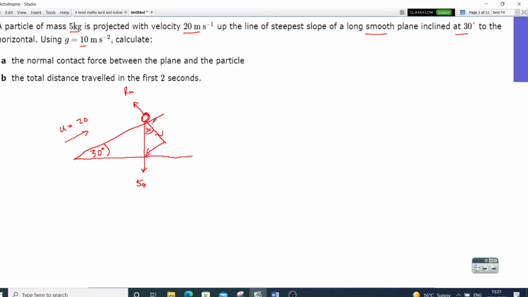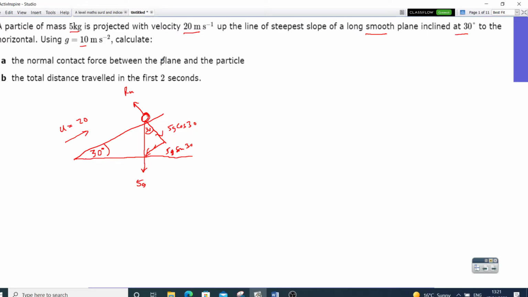Always the case. And then the hypotenuse is 5g, so it's 5g cos 30, and this coming down the slope will be 5g sin 30. Always opposite is sine and adjacent is on the side here. That's the hypotenuse. Okay, so now we've got all our forces.